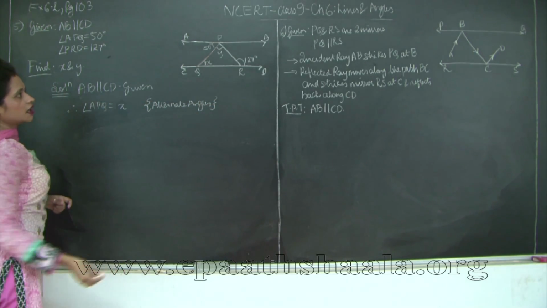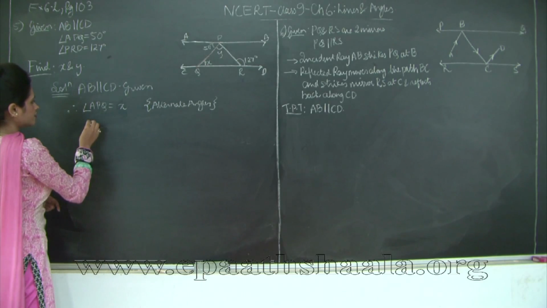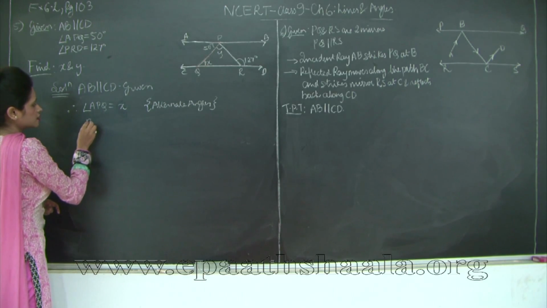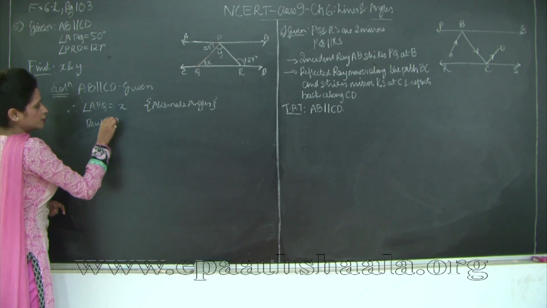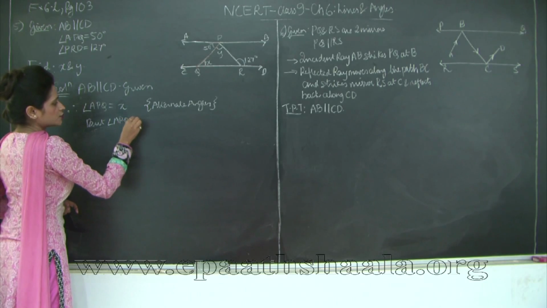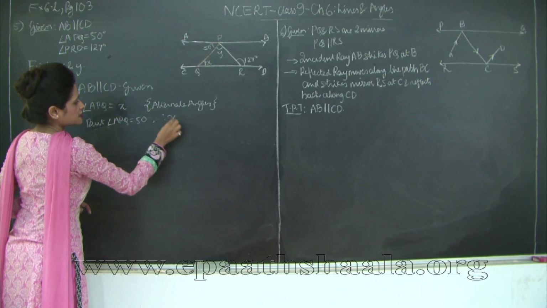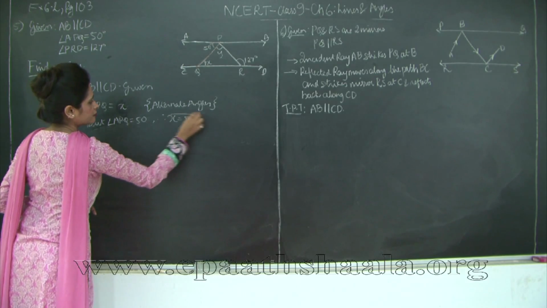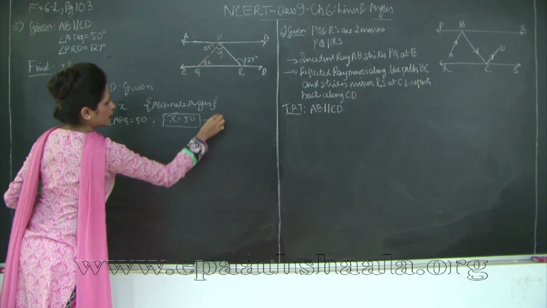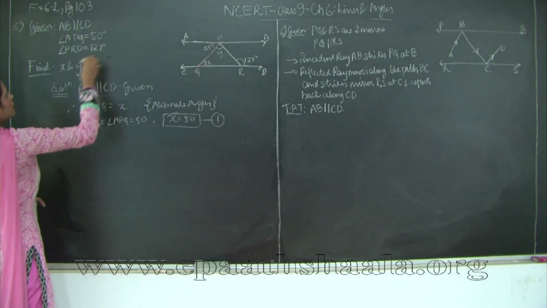But angle APQ is equal to 50 degrees, therefore X is equal to 50 degrees. I will mark this as 1. So we have found the value of X.